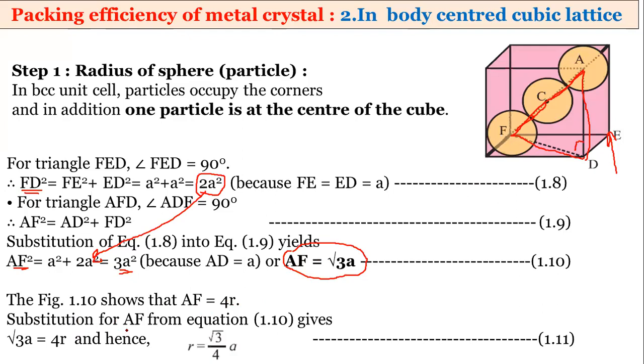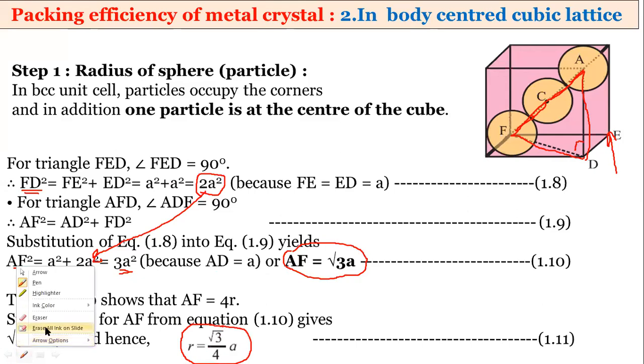By substituting the value of AF, root 3 A is equal to 4R. Hence R is equal to root 3 divided by 4 into A. We have to remember this equation. It is required for numerical purposes, and it is also given in the tabular format. So the value of R is known now.